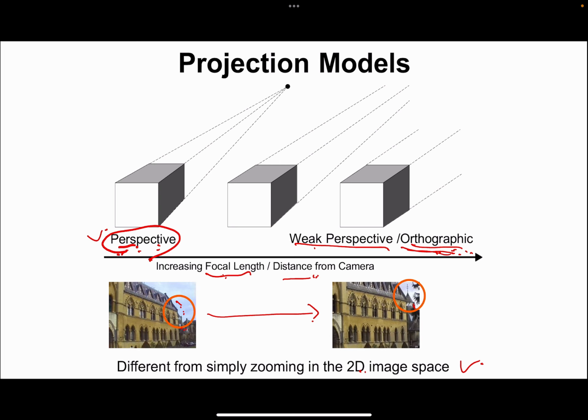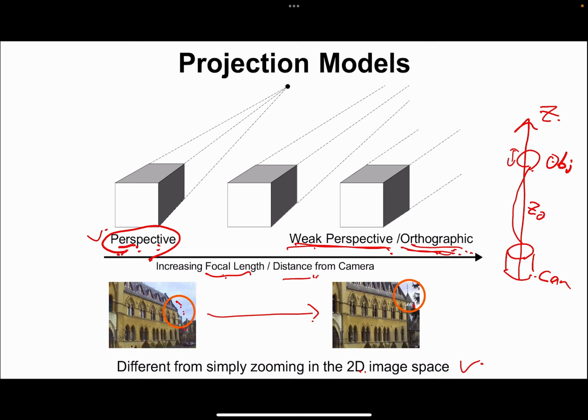But a weak perspective could happen if the object is very far from the camera. Let's say this is the camera, sorry for the bad drawing, this is the camera, the z-axis, and this is the object.